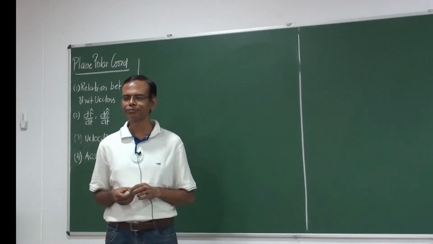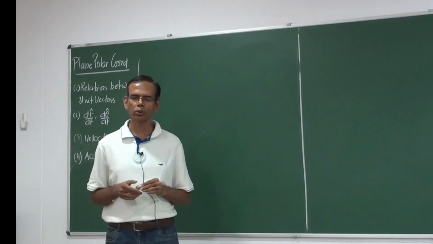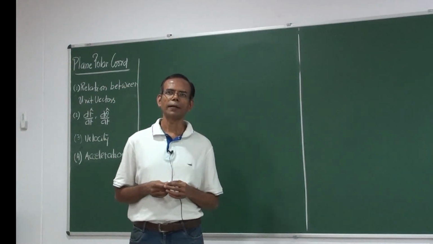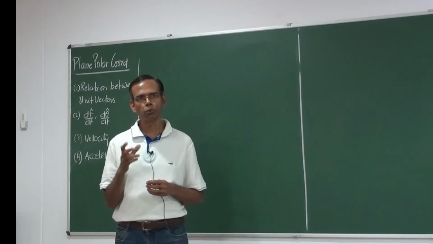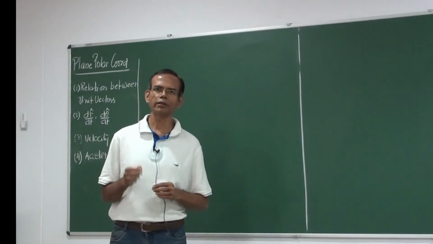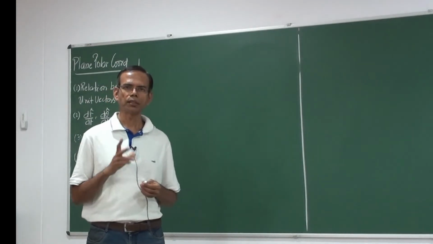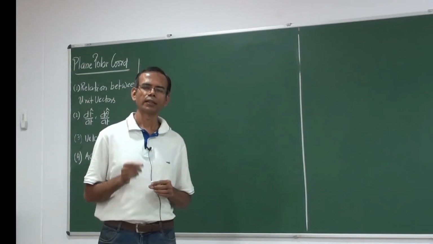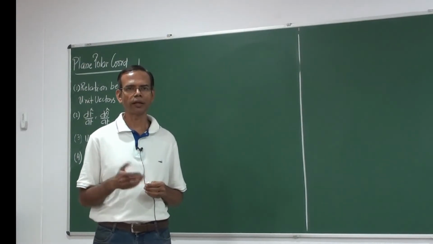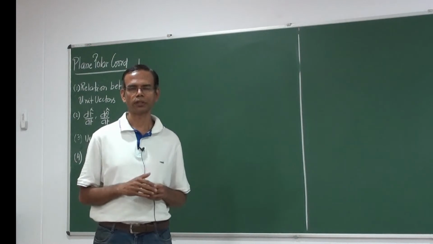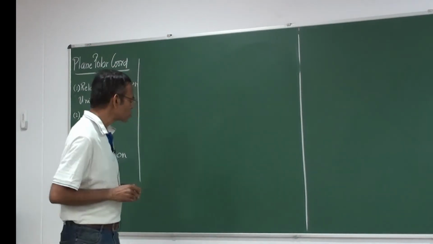Now today, what we are going to learn mainly in polar coordinates is how to calculate the velocity and acceleration. These are the two important quantities that we are going to see, that how we can derive an understanding of it. That is quite important. So let us see.